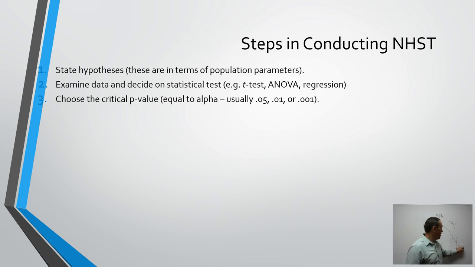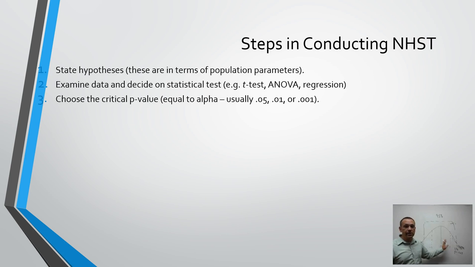Means it's out here and out here. So if we were to go and look at the z-table, and we'll do this here in a minute, we know at 1.96, positive 1.96, that is equivalent to a p-value of 0.025.